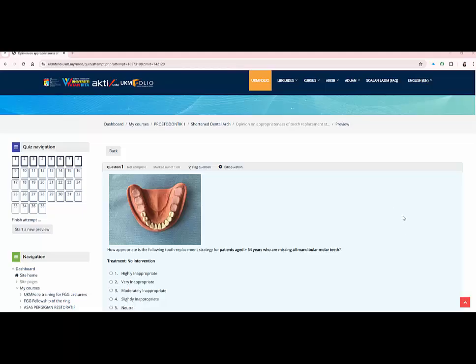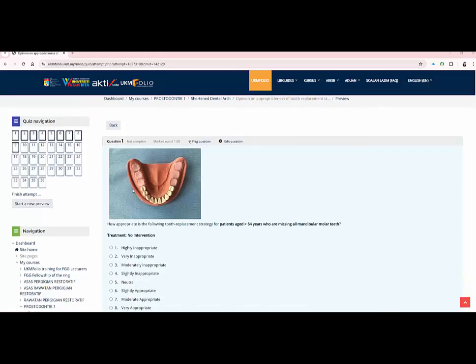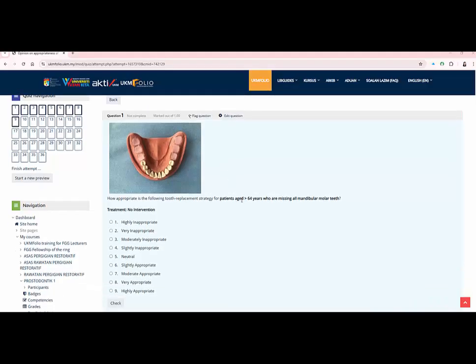So this is my UKM folio. It might appear slightly different on my side and your side. You can find this under shortened dental arch, opinion on appropriateness of tooth replacement treatment. There are a total of 36 questions. These are the patterns of missing teeth. The patient has teeth present from 5 to 5, in a patient aged 64 and above.